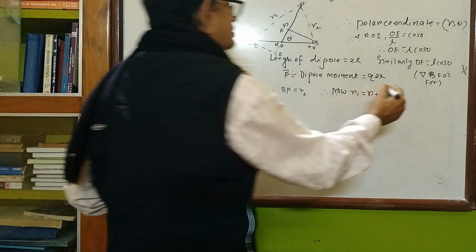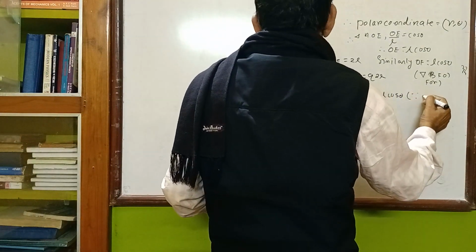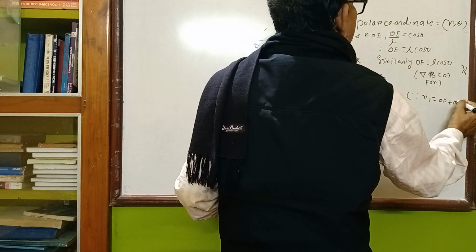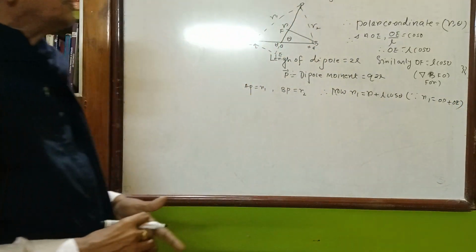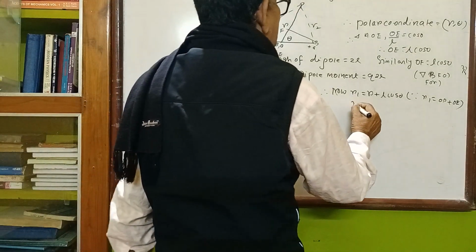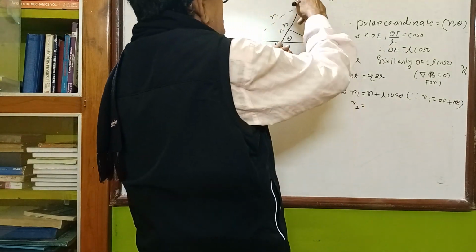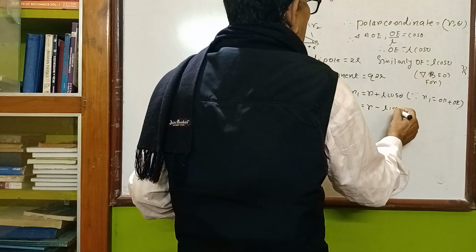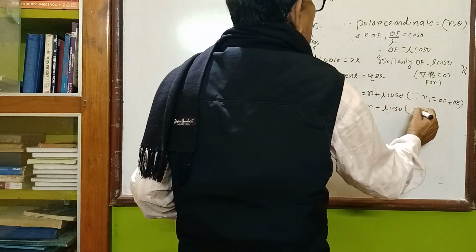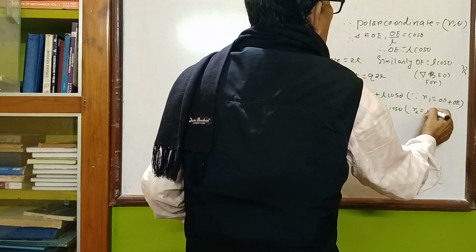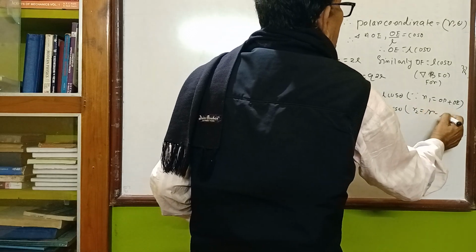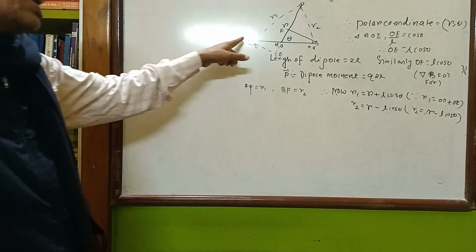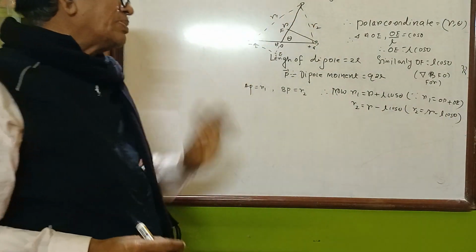Since R1 equals OP plus OE from the figure, and R2 equals OP minus L cos theta, R2 equal to r minus L cos theta. So we have got the distances from the charges minus q and plus q.